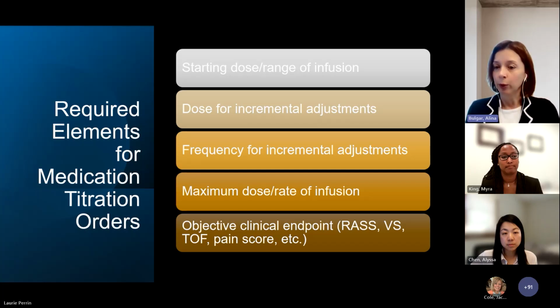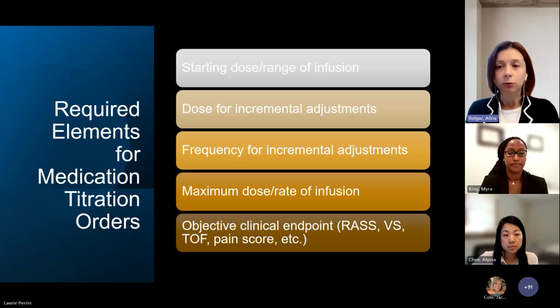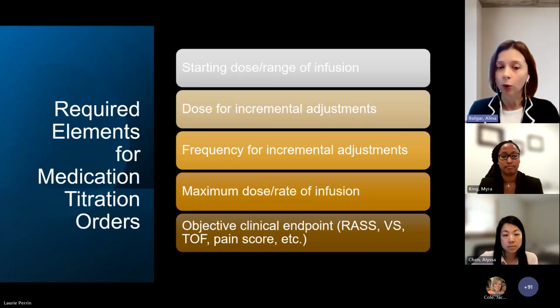So when it comes to what is required for a titration order, these are the 5 elements that every order should have: a start dose or a range for the infusion, the dose for the incremental adjustments, the frequency for these incremental adjustments, the maximum dose or rate for the infusion, and then lastly, an objective measurable clinical endpoint such as RASS, pain score, or blood pressure, systolic blood pressure, mean arterial pressure.